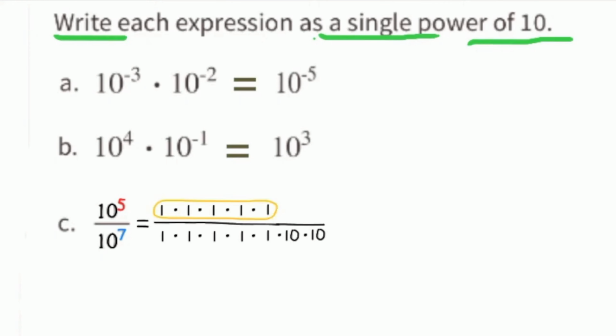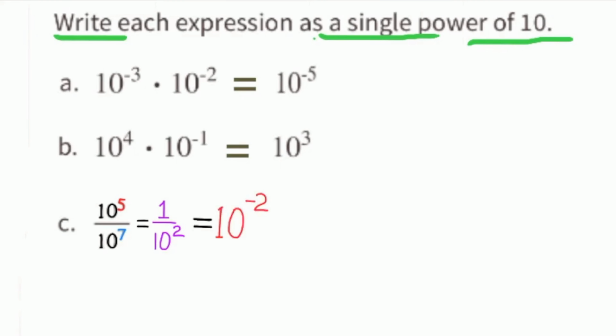What's left is 1 times 1 times 1 times 1 times 1 on the top, which is 1, times 10 times 10 on the bottom. That's the same as 1 over 10 times 10, or 1 over 10 to the power of 2. To write this as a single power of 10, would be 10 to the power of negative 2.